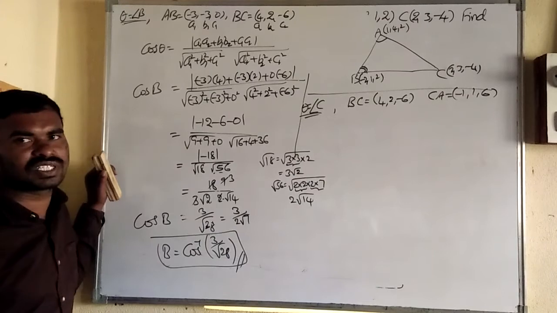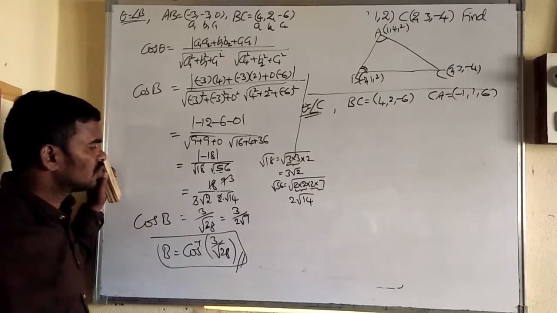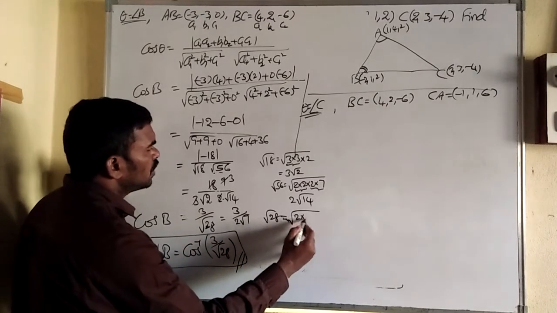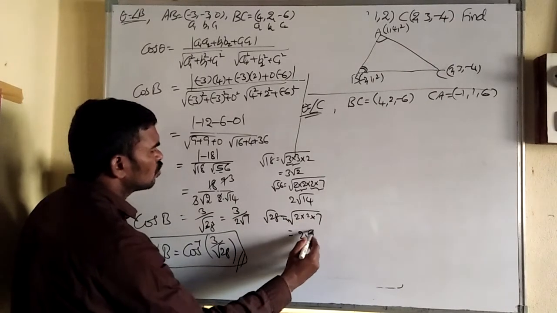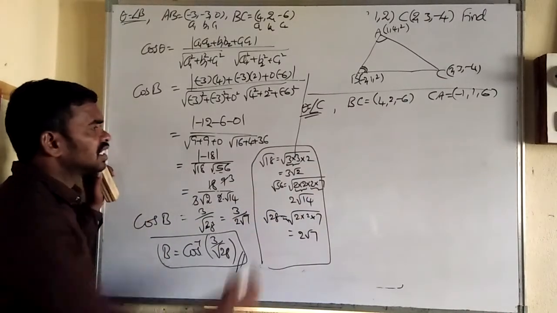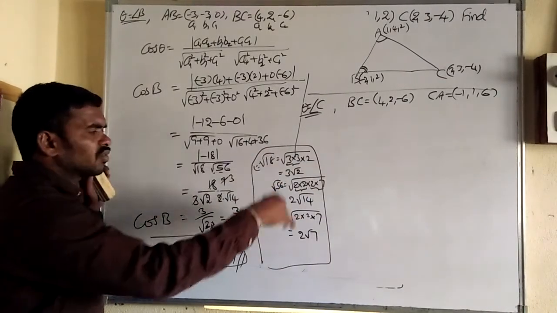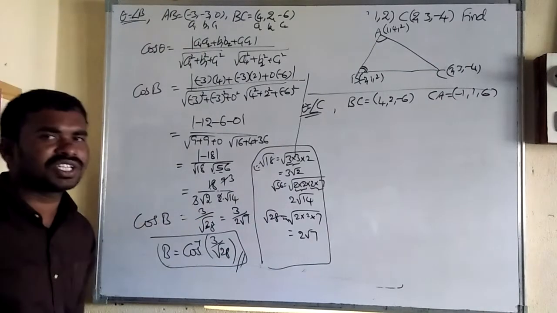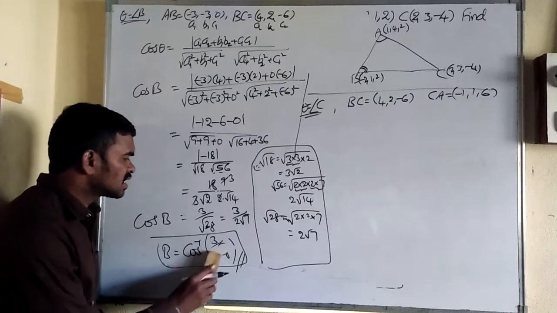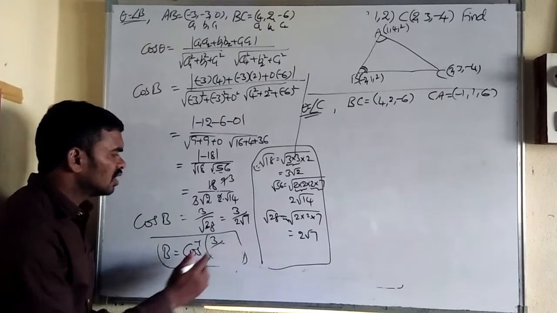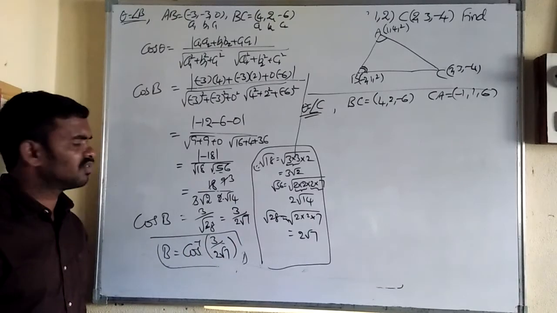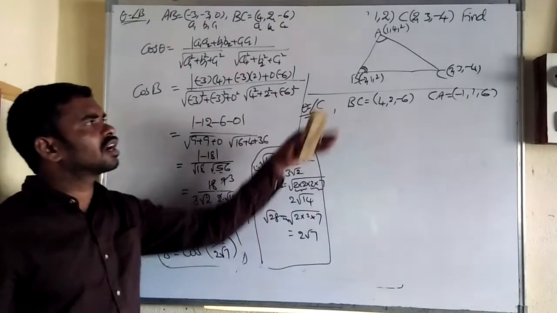You can check it: root 28 means root of 2 into 2 into 7, which is 2 root 7. What we write is our wish. This is rough work, no need to show it in the answer sheet. On the side of the answer sheet, just write that B equal to cos inverse 3 by 2 root 7. Similarly, okay, coming to the next.